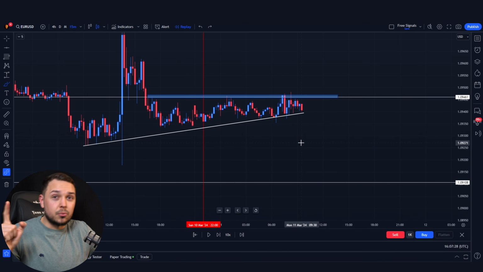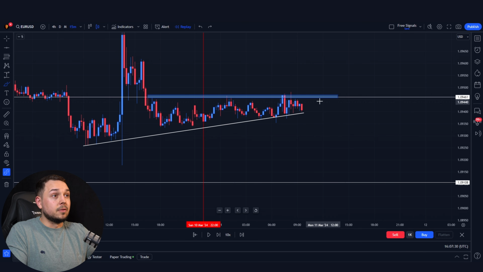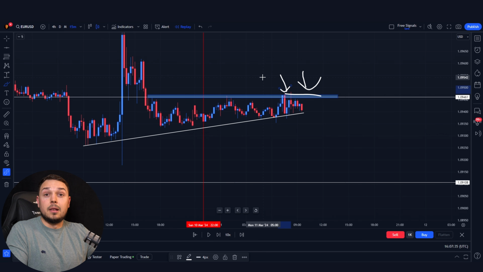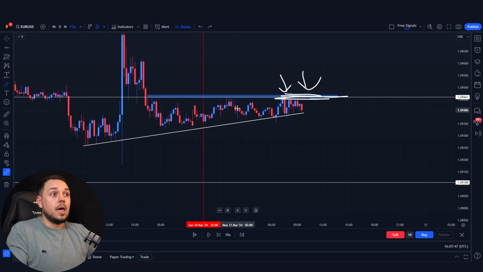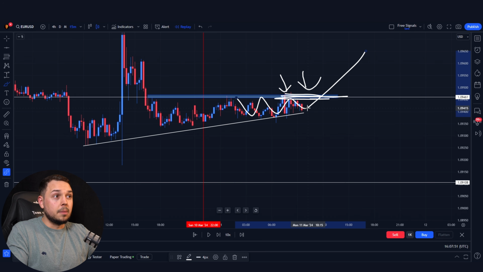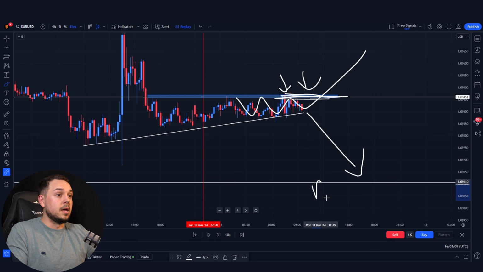We need a break towards the downside, because we know there is a lot of sell orders on the pivot line. The supply line over here indicates there's going to be a lot of selling pressure to push the market down. And since the candlesticks have been squeezing, it's either going to break towards the upside or towards the downside, reaching the next area, which is the demand zone just over here.